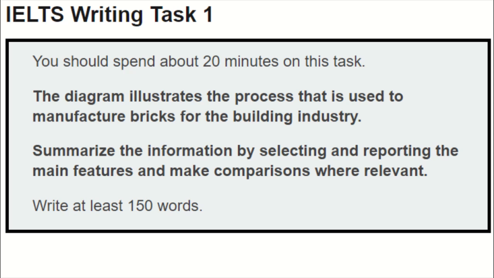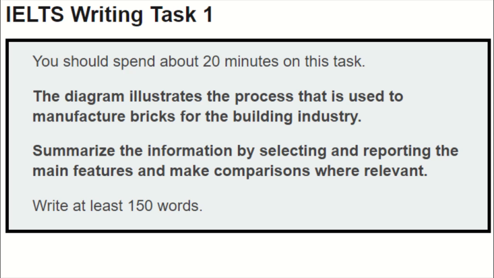So we have this one. The question states that you should spend about 20 minutes on this task. The diagram illustrates the process that is used to manufacture bricks for the building industry.